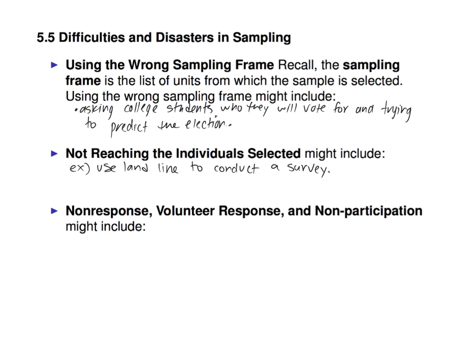Non-response, volunteer response, and non-participation. So this is stuff like people don't tend to participate in mail and call-in surveys. There's notorious non-response there. So people don't participate in mail-in surveys, stuff like that.